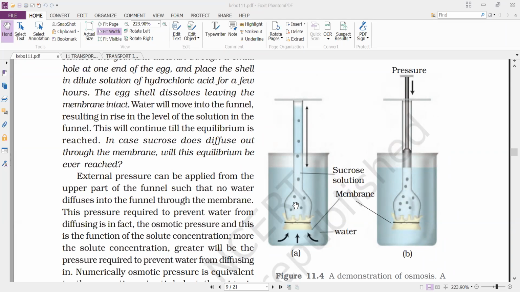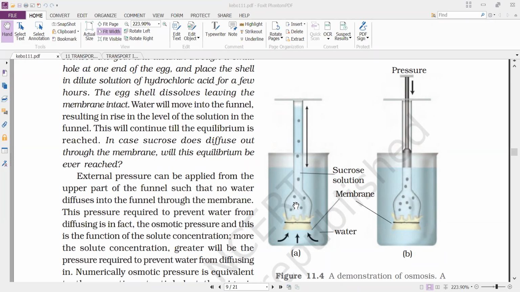Then take a beaker and place pure water in it, say distilled water, in which the water potential is 0. Now the thistle funnel with the concentrated sugar solution is placed in the beaker containing pure water.